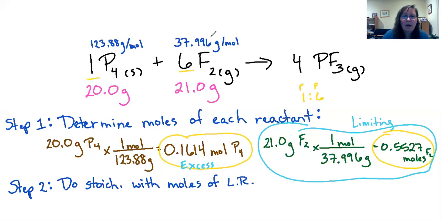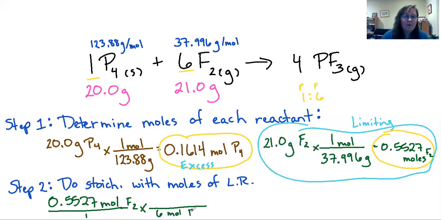I take the 0.5527 moles of fluorine gas. I'm going from here, so I don't need the molar mass again because this was the first part of my stoichiometry. Now I go on with my mole ratio, and that's 6 moles of fluorine gas to 4 moles of PF3.